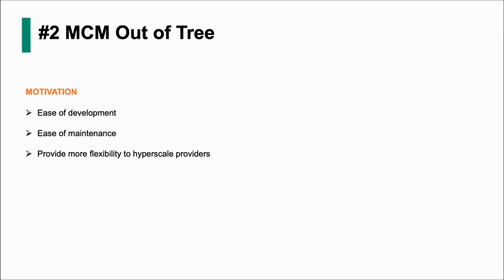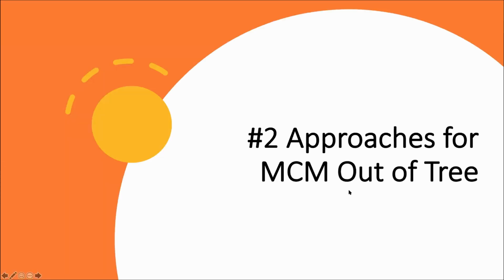MCM out of tree has evolved from in-tree. There were several design approaches that were experimented with in order to adopt the best one. Prashant will now explain various approaches in MCM out of tree. Over to you, Prashant.